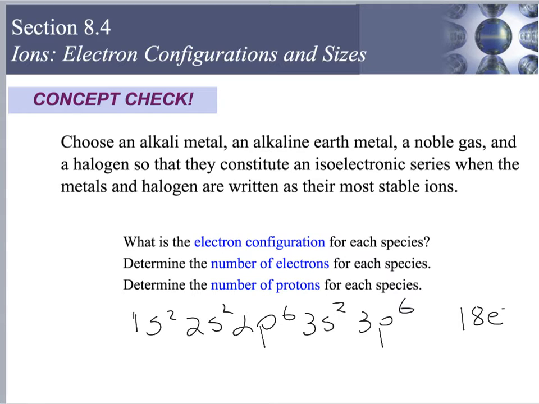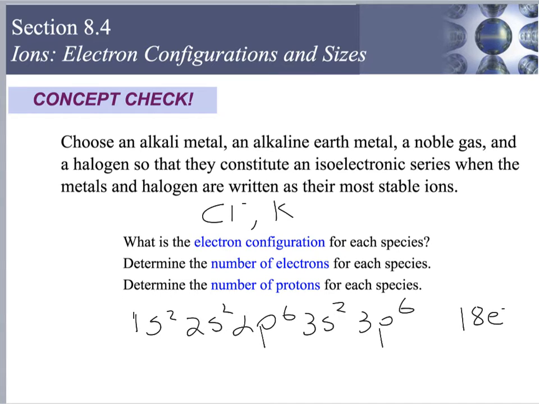All of the configurations for the isoelectronic series will have the same number of electrons. So what will those be? The halogen that's closest to argon is going to be the chloride ion, 1-. If you go one up from that, that's going to be potassium.